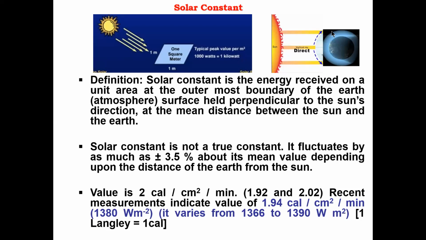how much energy is received, that is called the solar constant. The solar constant value is 2 calories per square centimeter per minute, or 1.9. Somewhere it is written as 1.94, but the average is 1.9 to 2.02. In a recent measurement, it is 1.94 calories per square centimeter per minute.